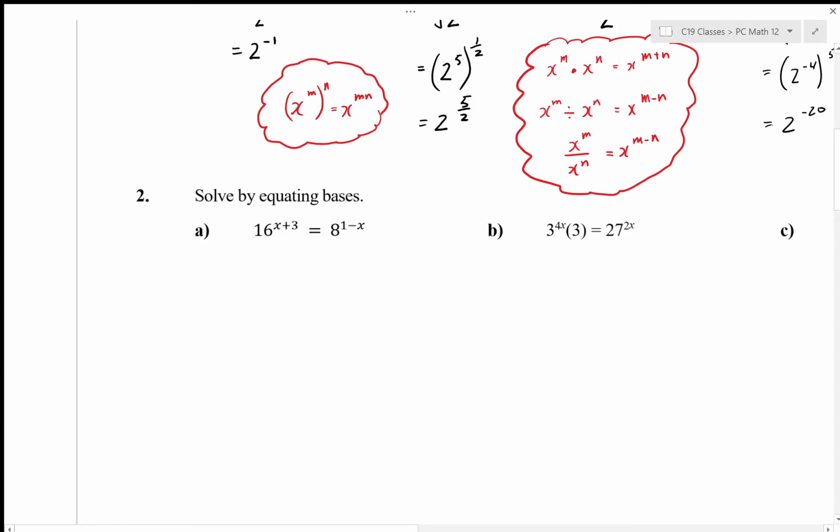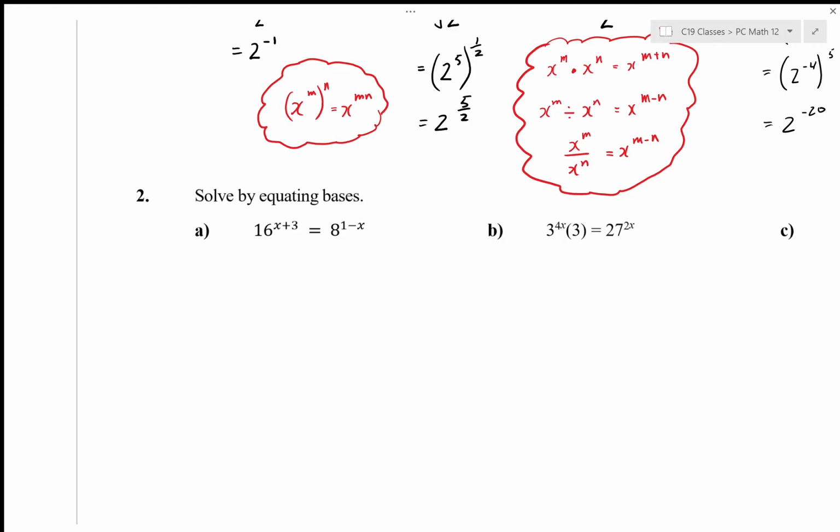So solving by equating the bases means that what we want to do is have the same base on either side of the equal sign. And 16 and 8, if you look at the two bases that we have there presently, are both base 2 numbers. In other words, base 2 numbers are 2, 4, 8, 16, 32, 64, and so on. So doubling by 2's.